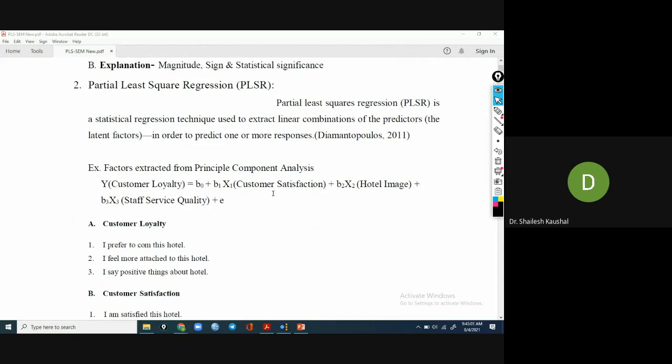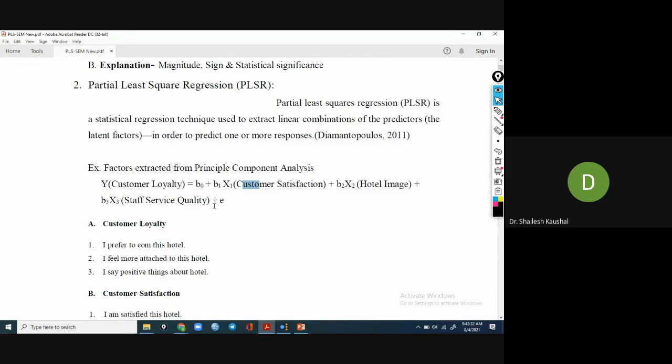Okay. Now, after conducting factor analysis, we obtain some factors. For example, I applied exploratory factor analysis for certain variables and extracted four factors: the first is customer loyalty, second customer satisfaction, then hotel image, and staff service quality.